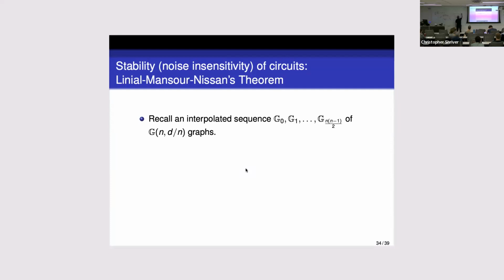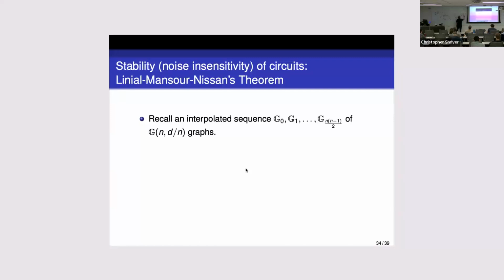All right, so you have a circuit. It inputs a Boolean string and outputs some decision. The stability or noise insensitivity is in reference to the following things. You have an x from {0,1}^n, chosen uniformly at random. Fix any coordinate i among the n coordinates, and consider resampling the coordinate i.